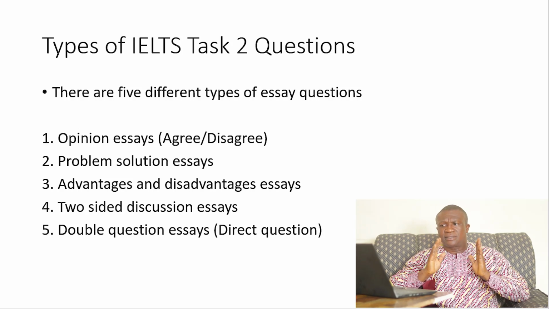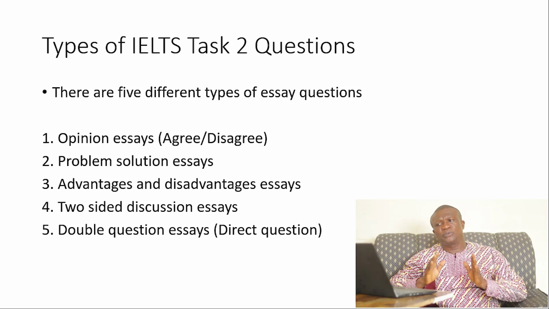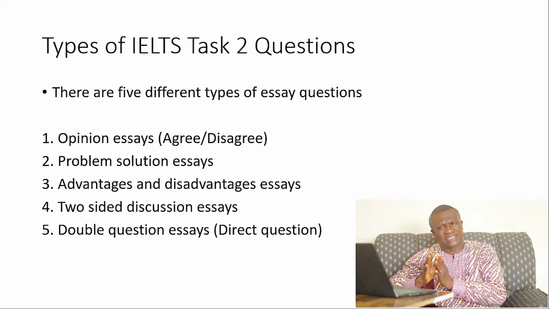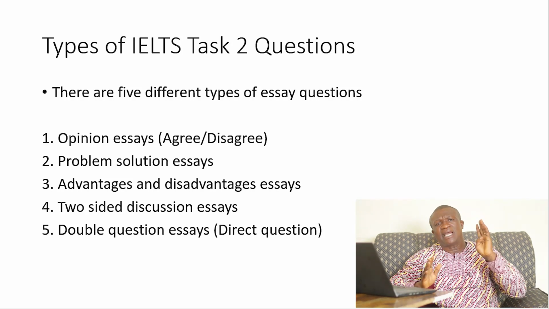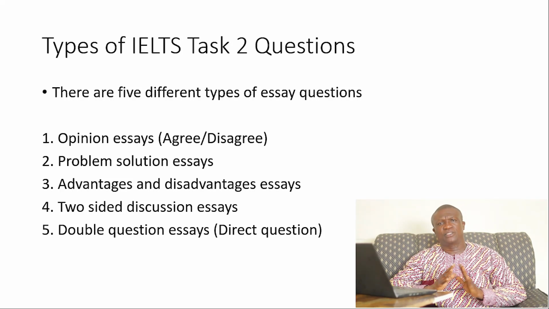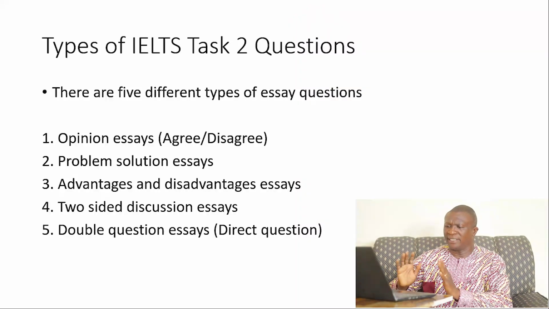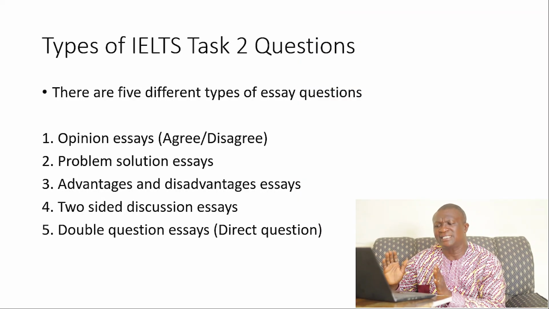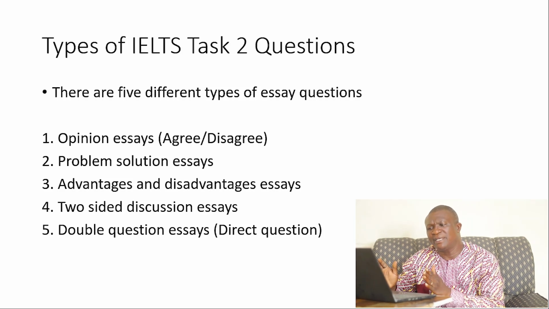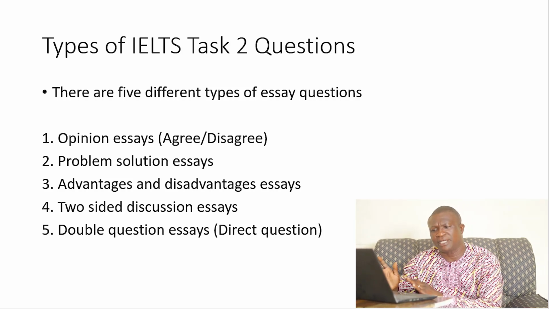IELTS Writing Task 2 questions are usually of 5 types. And what are these 5 types? They are: 1. Opinion essays, which usually come in the form of agree or disagree.